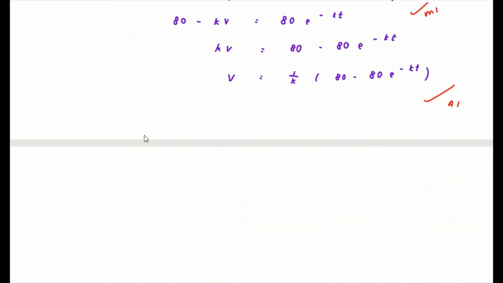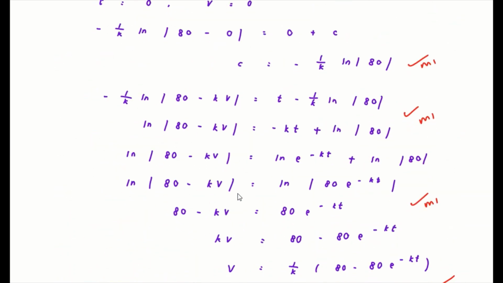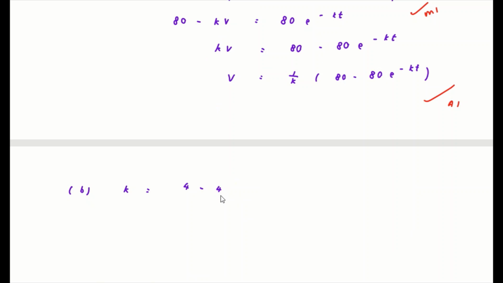So let's start with a new page here. Let me try to copy down the equation first. So it's given K equals 4 minus 4e negative 15K over 25.